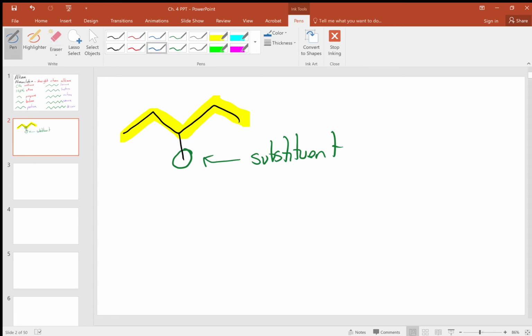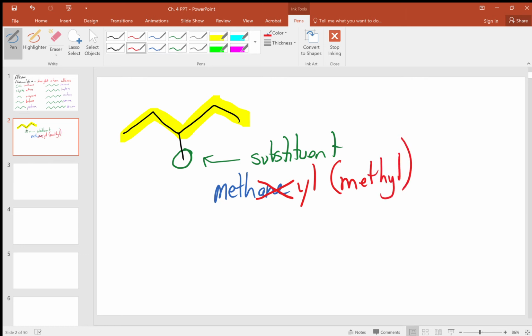So what do we call it? Well, if this was a parent chain by itself, a 1-carbon molecule, we would call it methane. But we need to distinguish that it's a substituent as opposed to a parent chain, and to do that, we get rid of the -ane and add -yl. So a 1-carbon substituent becomes methyl. What if we had a 2-carbon substituent?